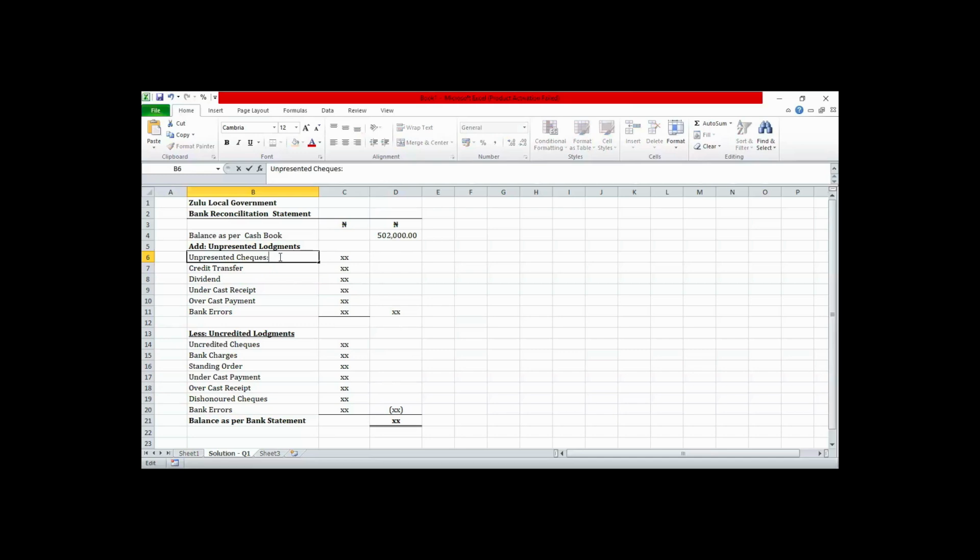Can you give me the check number of the first one? Unpresented check, first check number. 51522. How much is that first one? 2,000 naira. You put it here.